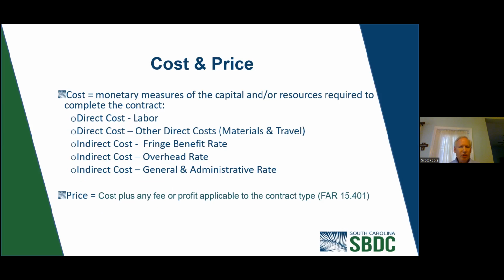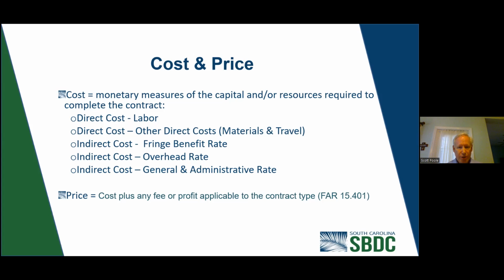So first of all, cost and price. Cost is the monetary measure of the capital and resources required to complete the contract. You have direct costs such as labor and other direct costs such as materials and travel. But you also have to load on those your indirect costs.